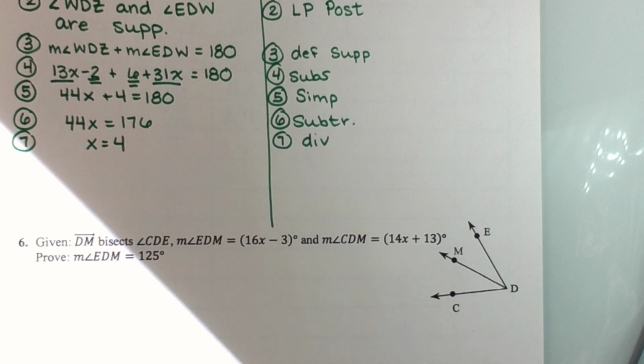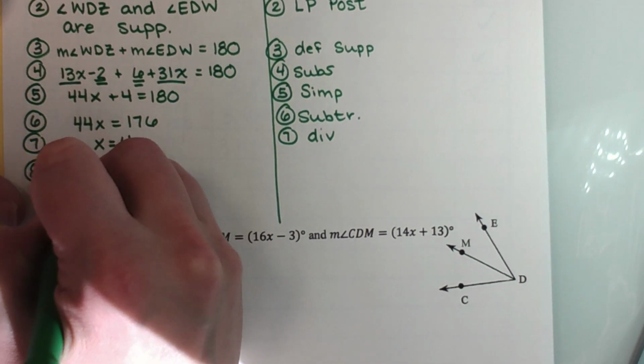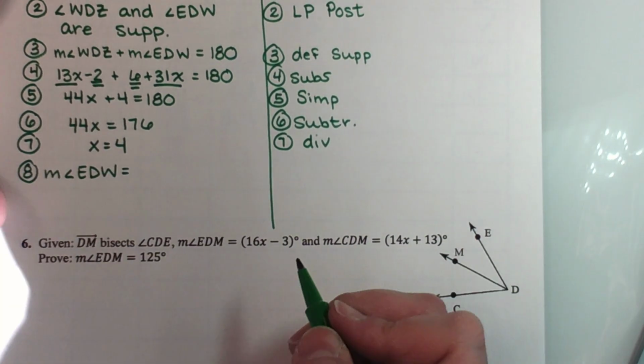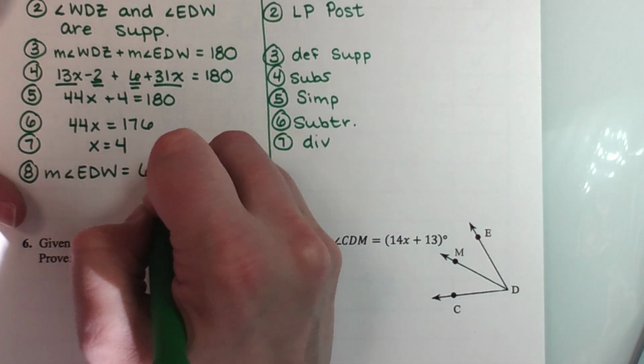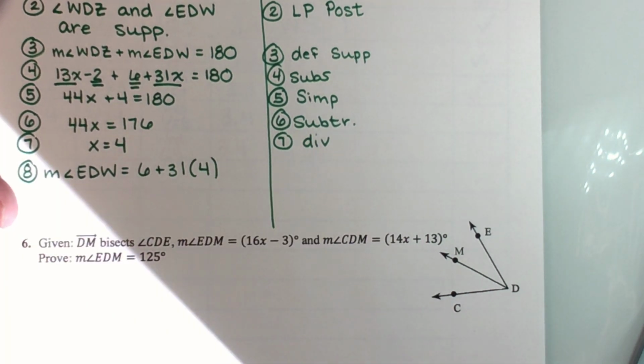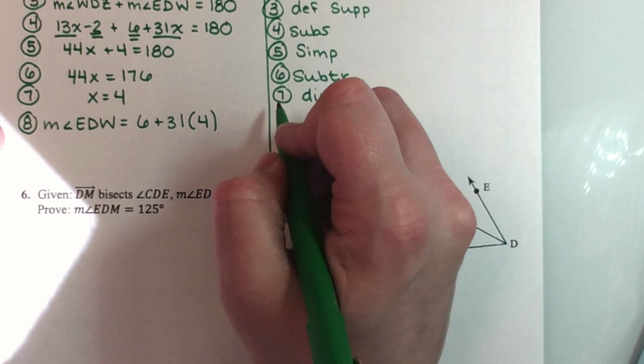I gotta plug it back in. I'm not done yet. I want EDW. EDW is the 6 plus 31x, so 6 plus 31 times 4. Again, the most common mistake I see people making on this problem is putting that x on that 6, which means when they plug it in, they put the 4 on the 6. Put the 4 where the x is.